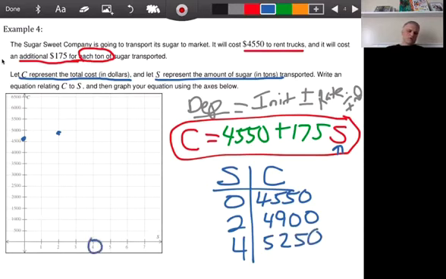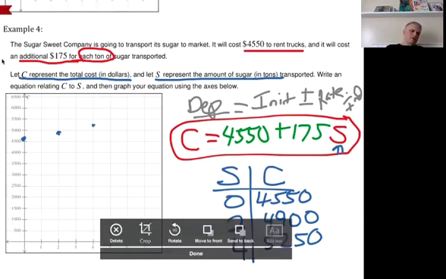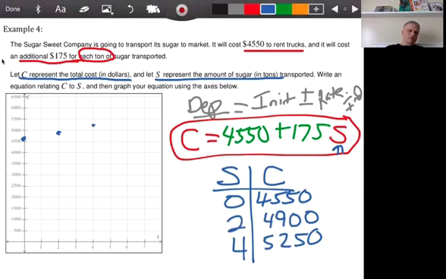So I come over to 4, and I go up 5,250, which is halfway between 5,000 and 5,500. Connect your dots. It's linear, it's going on to the right. So I put my arrow.